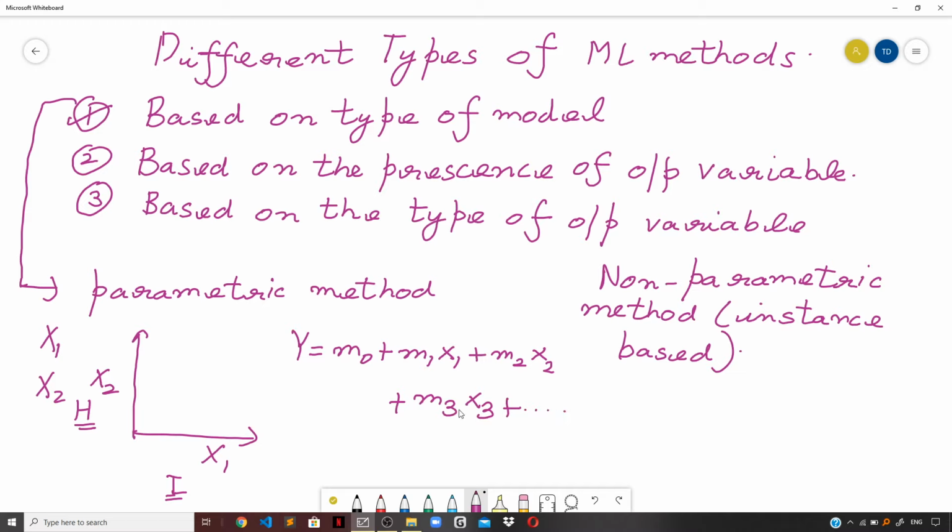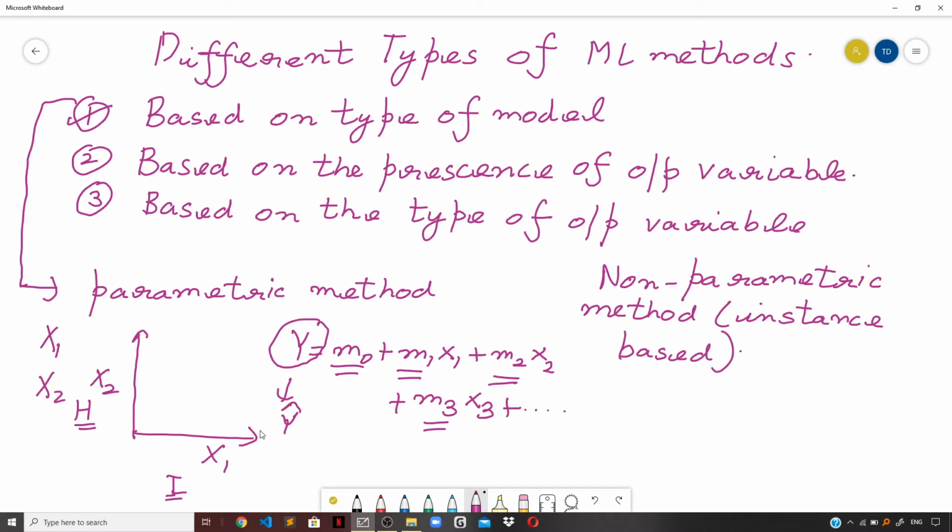Now our problem is reduced from finding the function to finding these parameters, which are m0, m1, m2 and so on till say mn. Now this means that in order to find the function, which is y, that is the estimation value, say y cap, I want to find the estimate value.